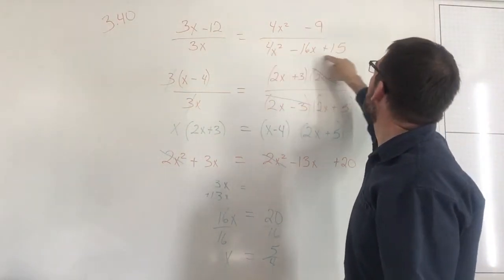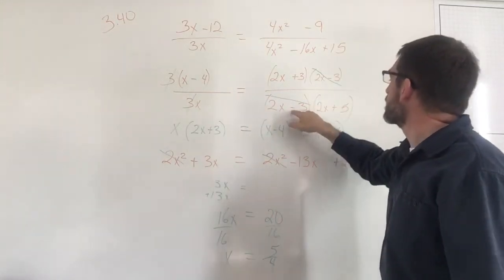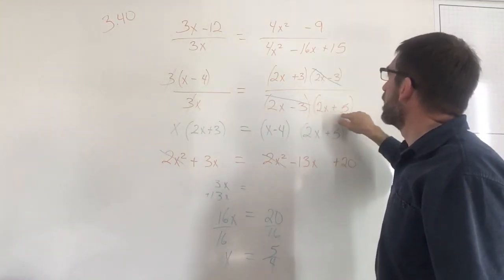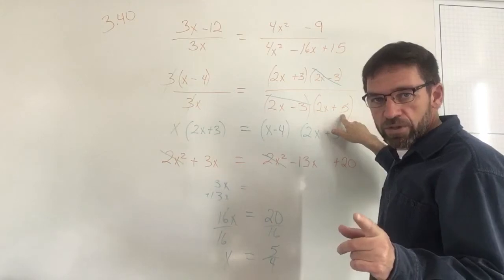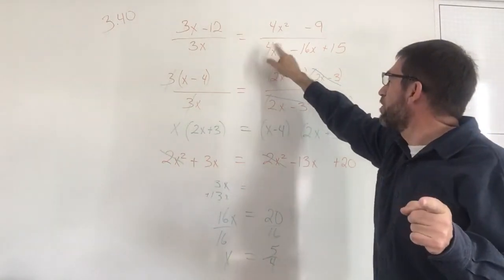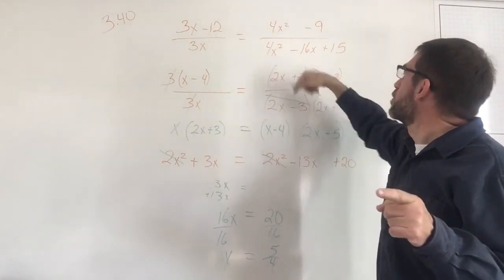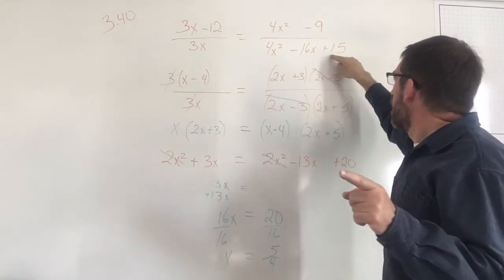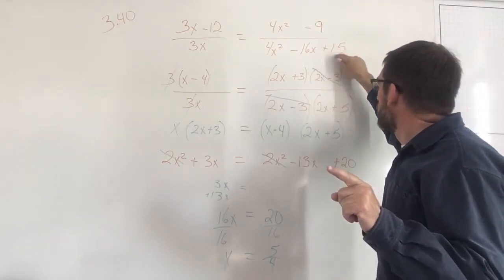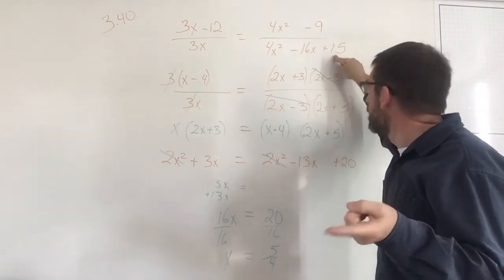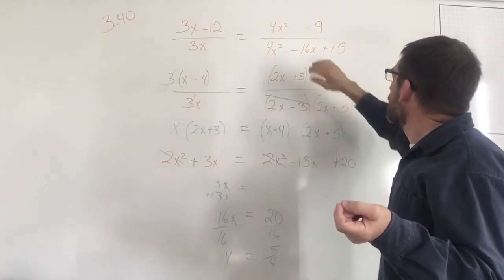Then I factored out this big one here, and I made it 2x negative 3, 2x plus 5. You know how I did that, right? I divided out the x, so I went 2x, and then for the 15, I said, okay, I need two numbers.